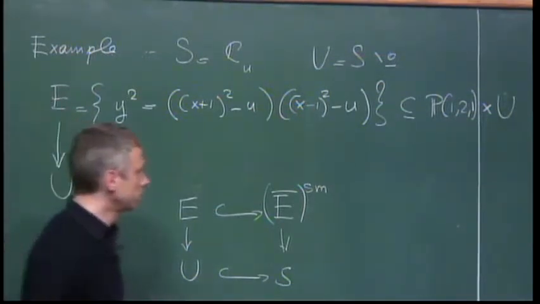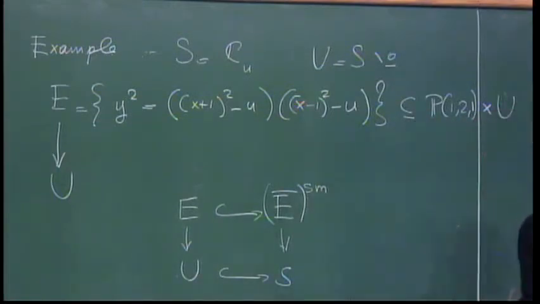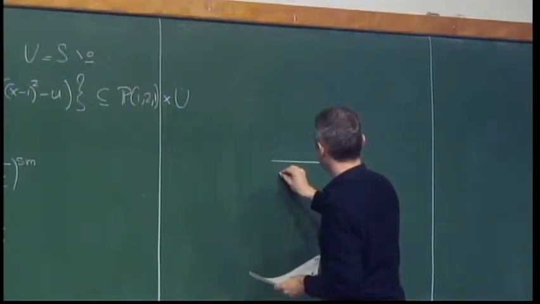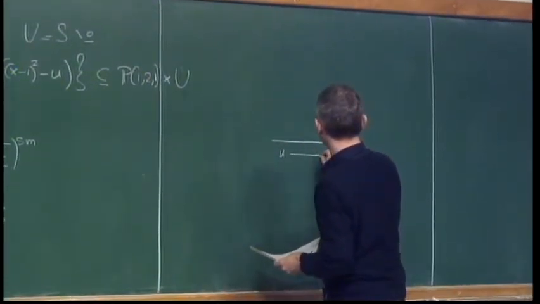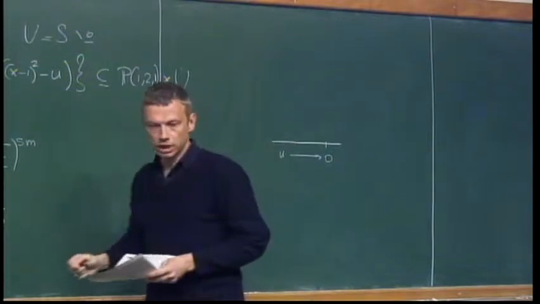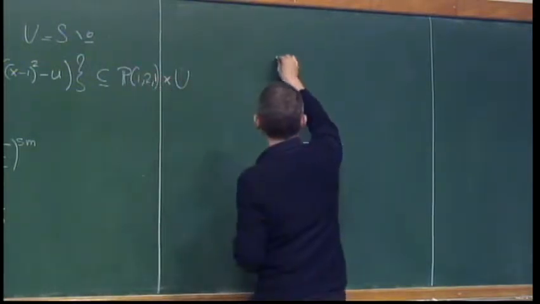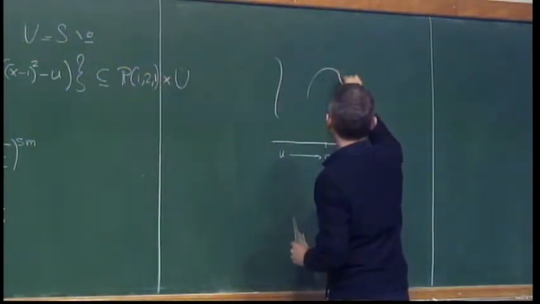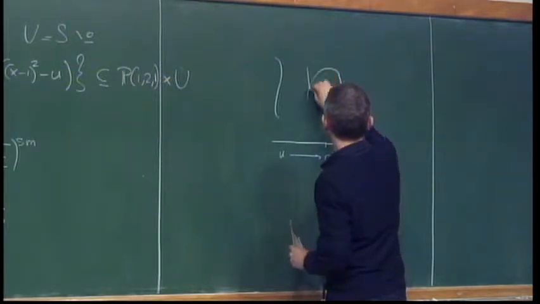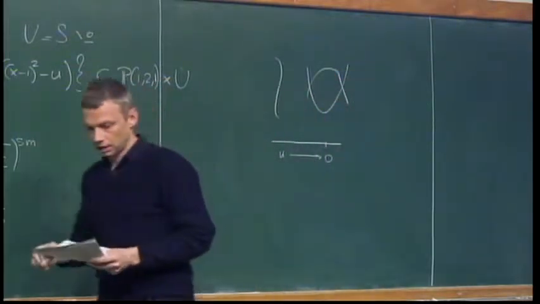Well, to begin with, you have seen this picture before. Let's draw a picture of this family of curves. If you take S and look at it as a base parameter space where U tends to 0, here you have an elliptic curve, and down here you have a curve that looks like this.